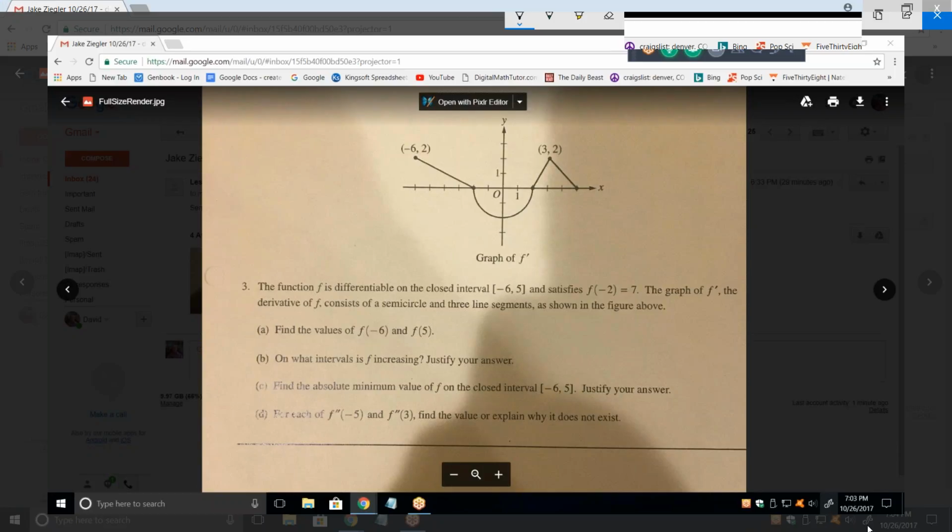Find the values of f of -6 and f of 5. Oh boy. f of -6. I'm not very sure how we'd even go about this. Well, I've got to think about this for a little bit.